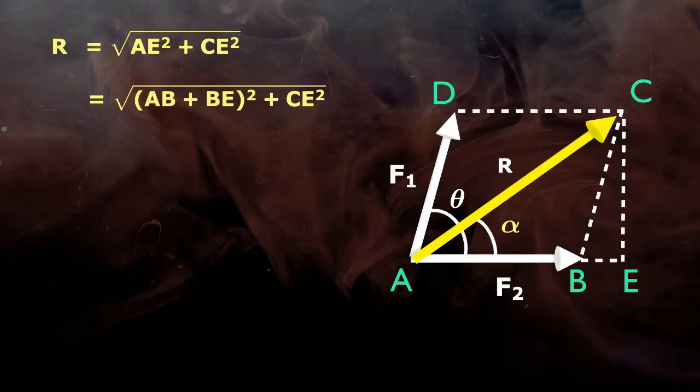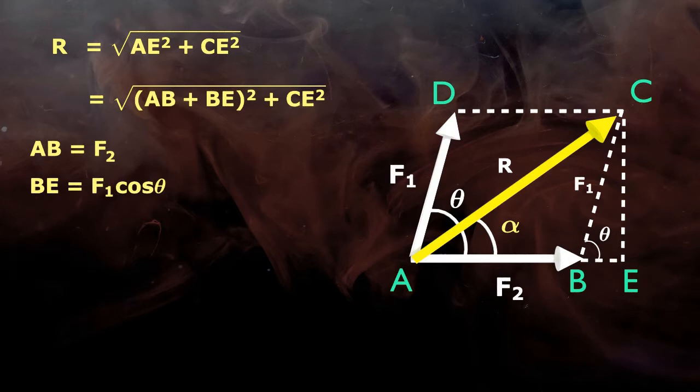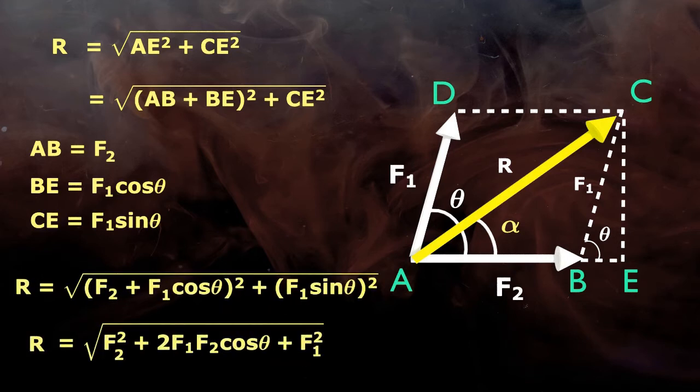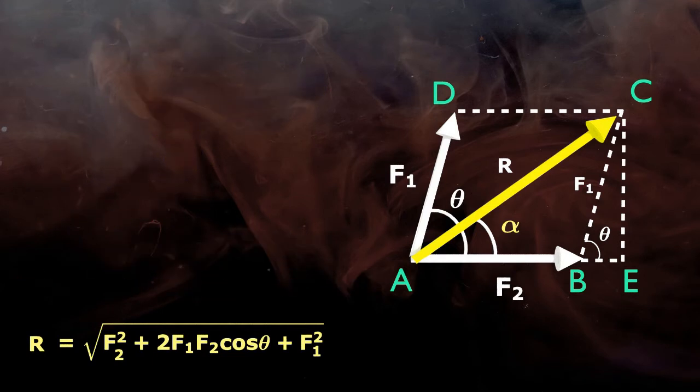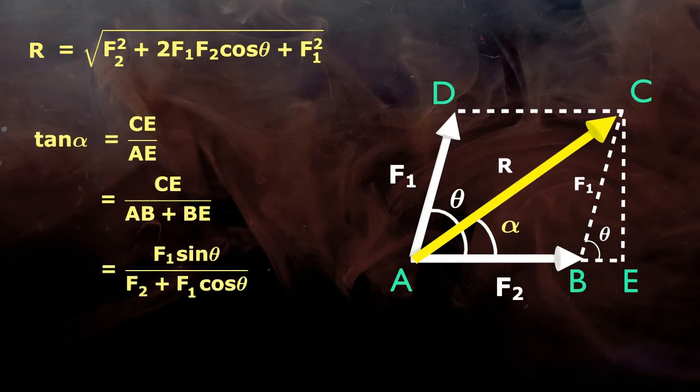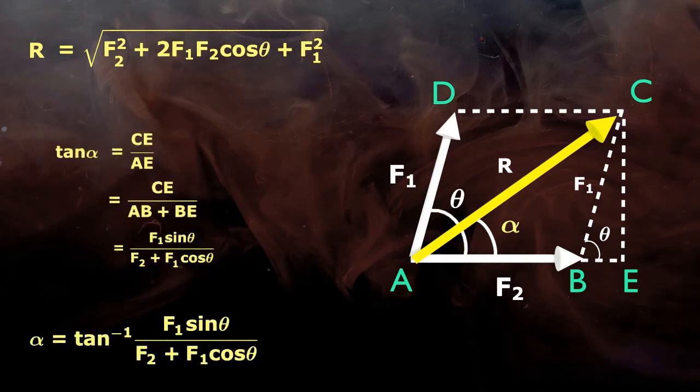AE is the summation of AB and BE. Now put all values. AB equals F2, BE equals F1 cos theta and CE equals F1 sin theta. So after analysis, we get this equation to find R. The angle between the resultant and F2 is alpha, where tan alpha equals CE upon AE. Put all values and we get this equation.